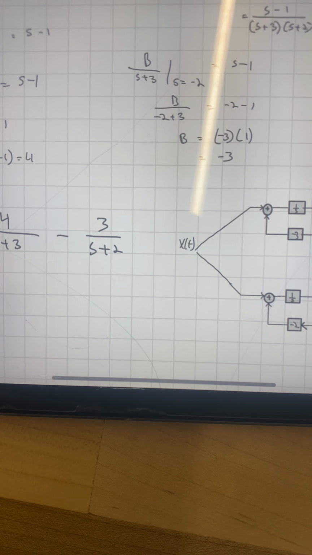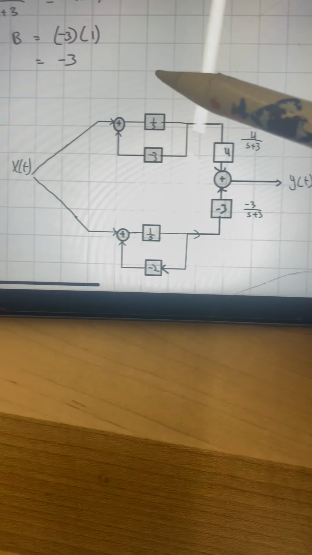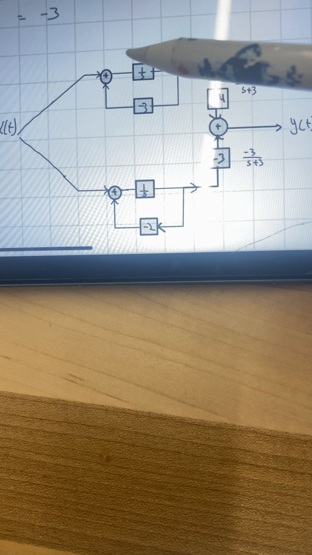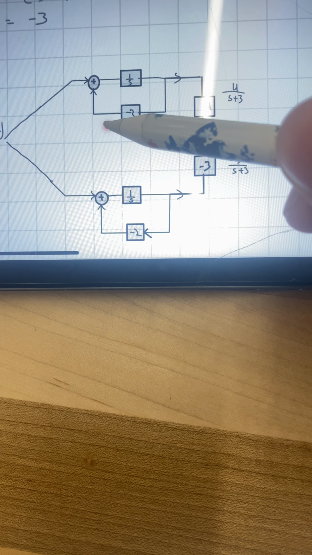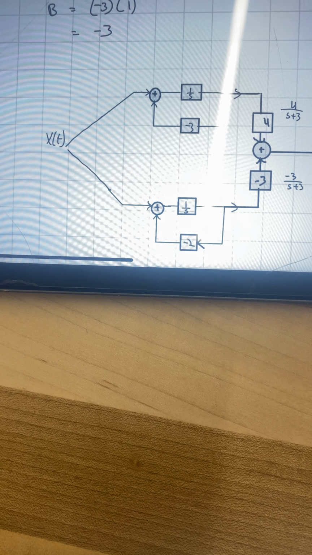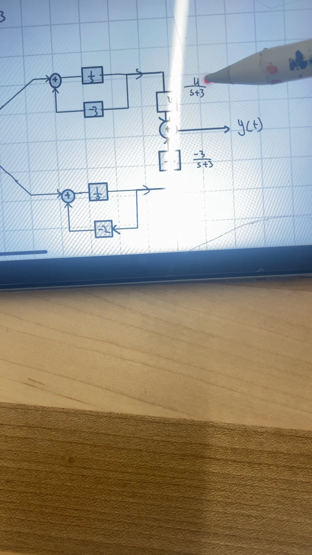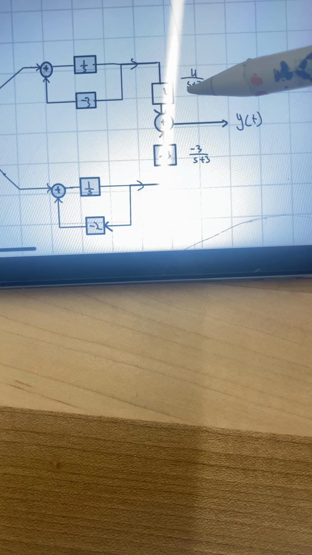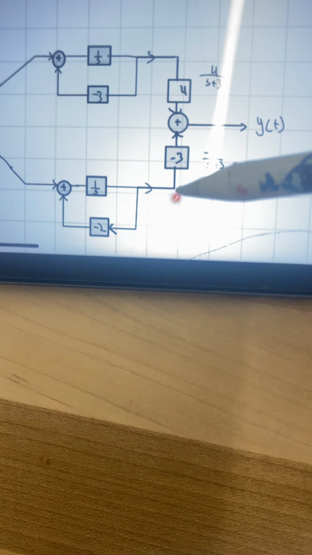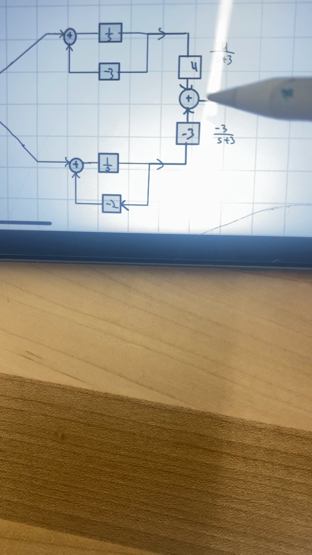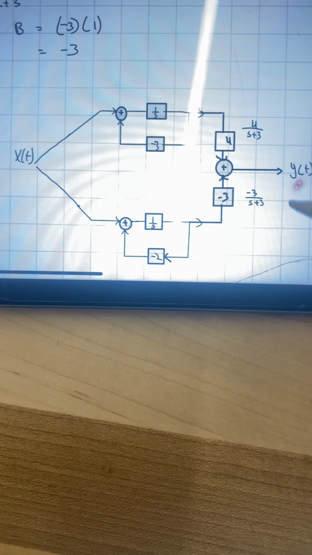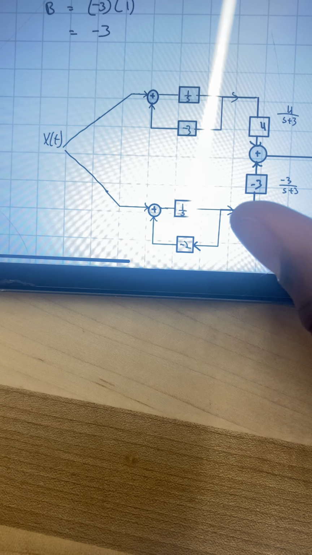From then on, we can create a parallel system, where we have our feed forward and our feedback for each H of s, where this parallel connection at the top represents the 4 over s plus 3, and the diagram at the bottom represents the minus 3 over s plus 3. And when you add those up, those end up being our y of t, a parallel connection.